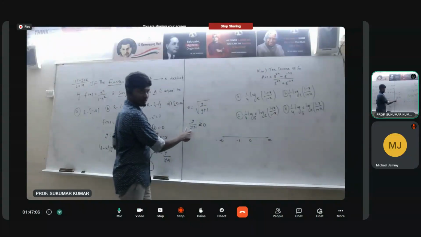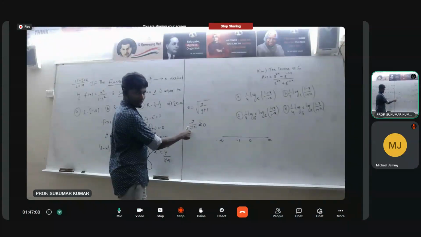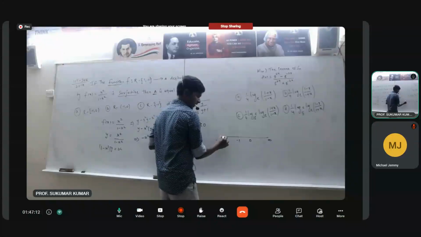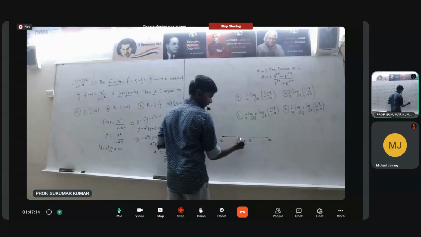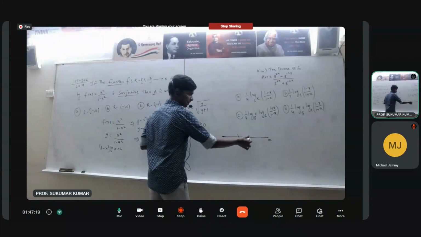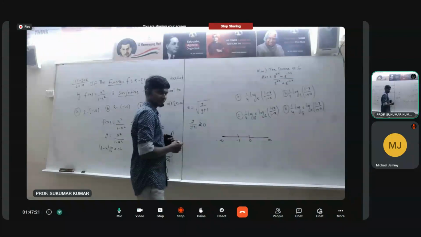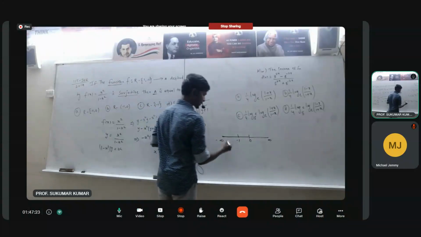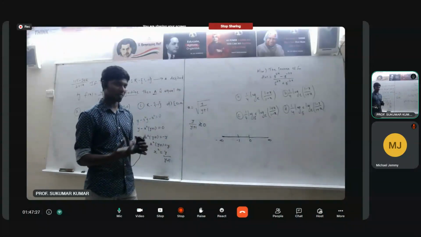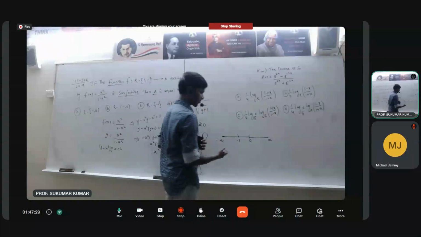Because if you put minus 1, it's 0 in the denominator, and in the numerator if you have 0, it will be 0. Take any value from interval to interval. This is what you said, the curve. It's not wavy. Some people are still telling wavy curve, some people are telling another curve, Rolle's theorem, whatever.